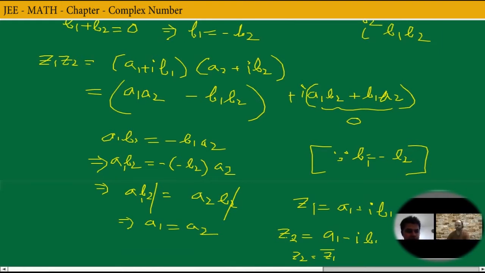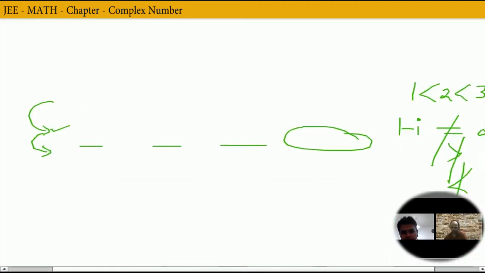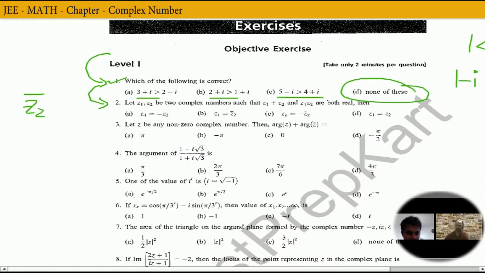Yes. Or z1 equals z2 bar? That can also be said. So which option for question number 2? B. Yes, it would be B.